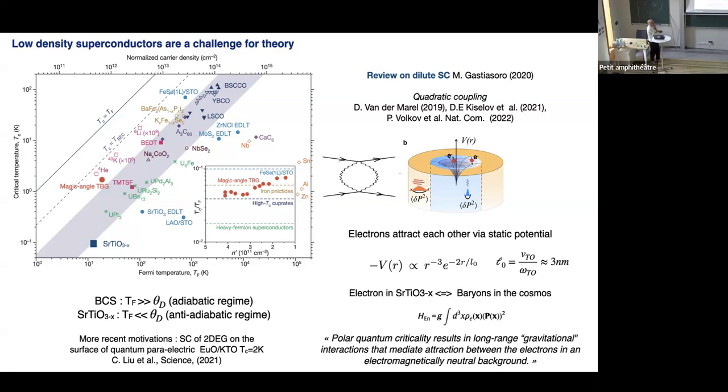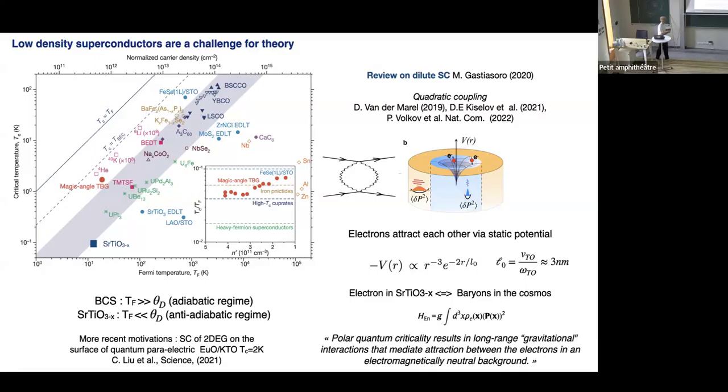So this is an important quantity, which is the ratio of the sound velocity of your TO mode divided by omega TO. And of course, as we have this soft mode of very, very low energy, this is a very, very large object. I mentioned one thing that after following a couple of presentations on this paper, Volkov made an analogy between the electron pairing in STO and high energy physics.